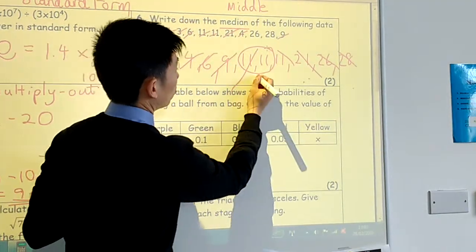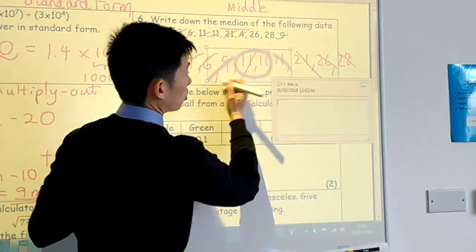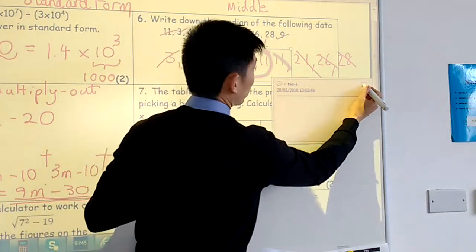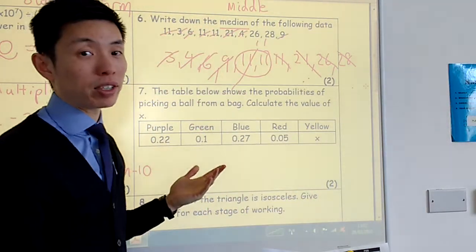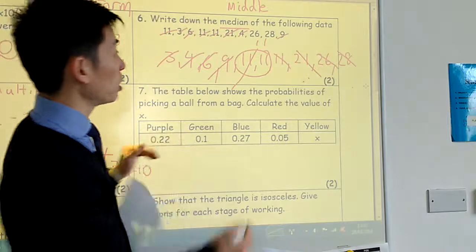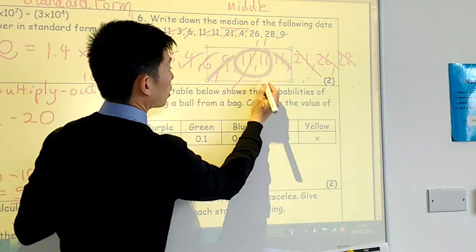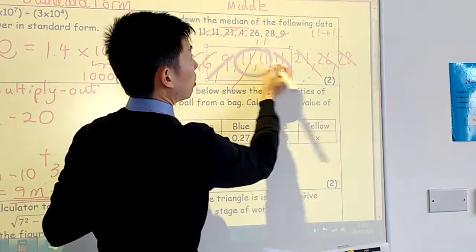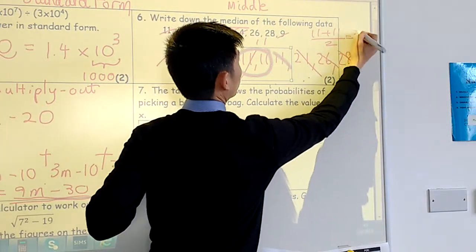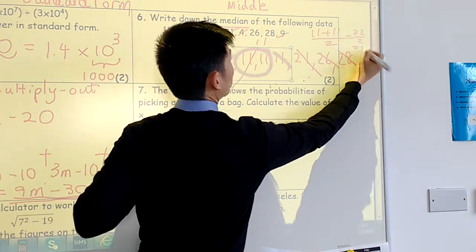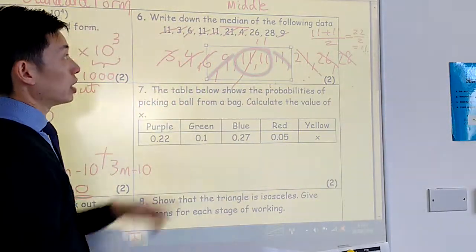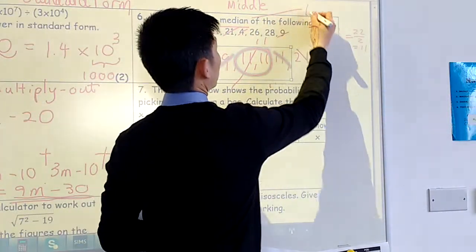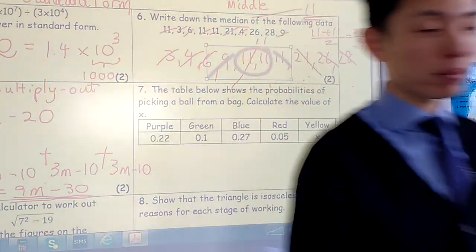Well, most people will just do it as 11, because that's what middle of 11 is. But the maths to work out the middle number of 2 numbers is to add the 2 numbers up and then halve it, which is 22 divided by 2, which is 11. So the median in this answer is 11.